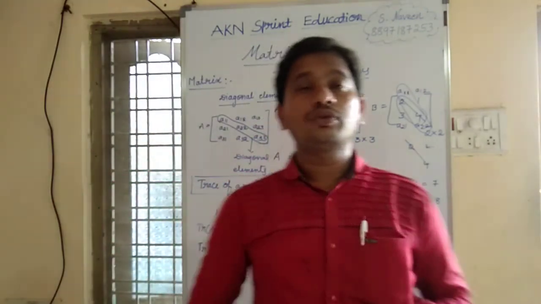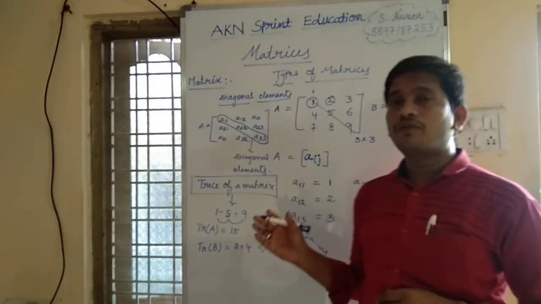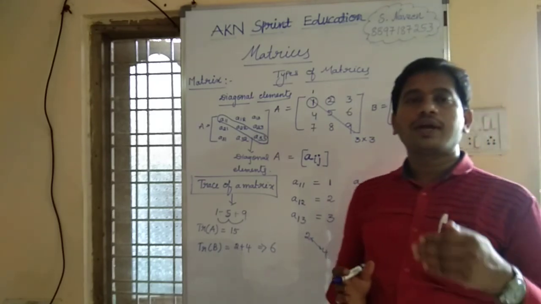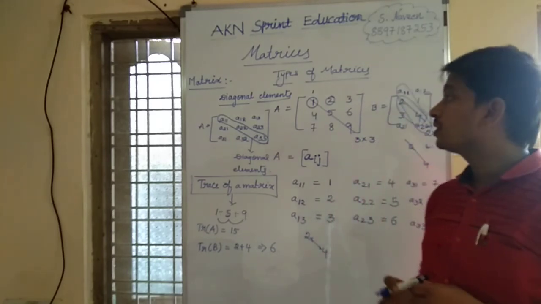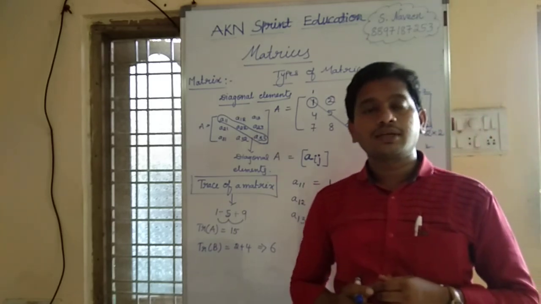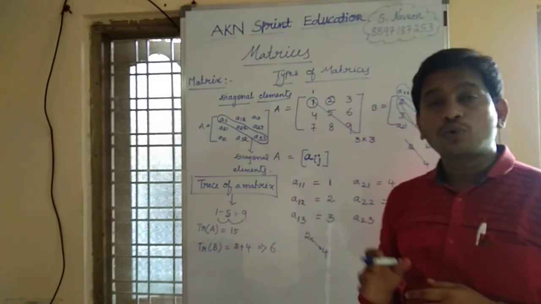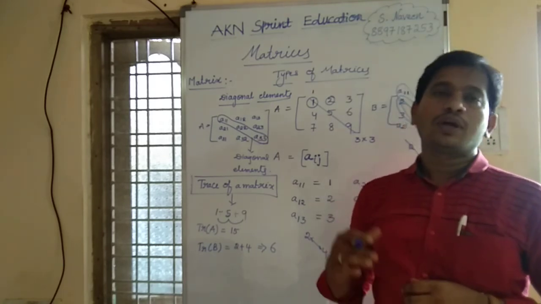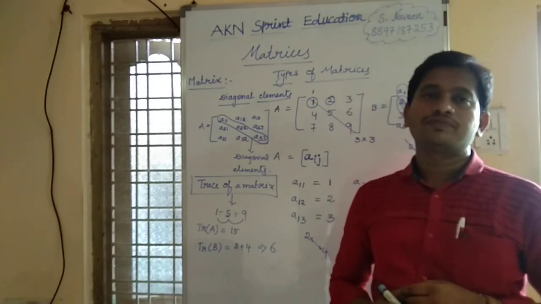I hope you understood what a matrix is, what a square matrix is, what a rectangular matrix is, what principal diagonals are, and how to find the trace of a matrix. In the next session we will discuss the remaining types of matrices. Thank you.